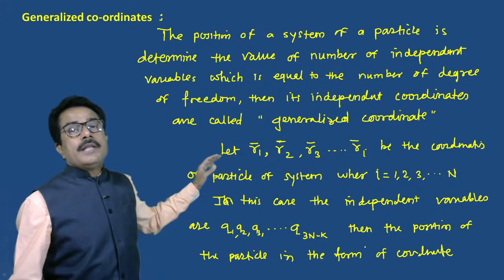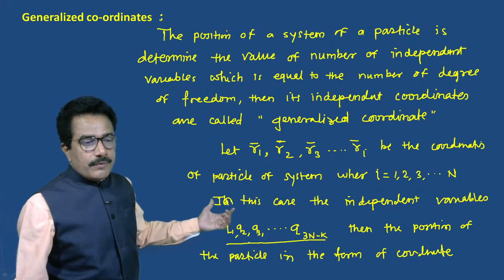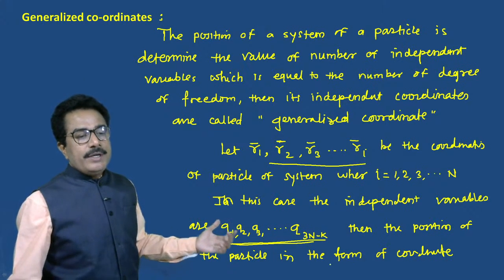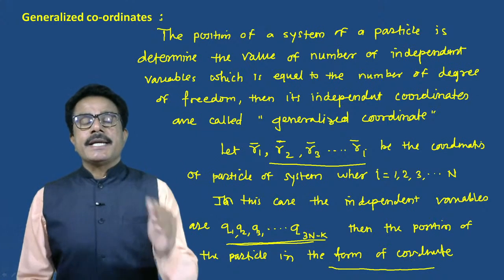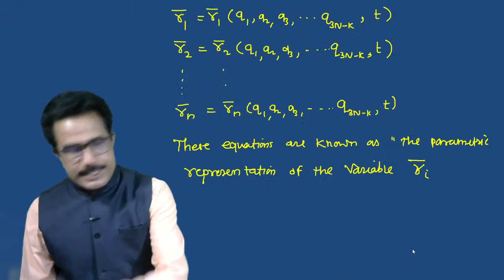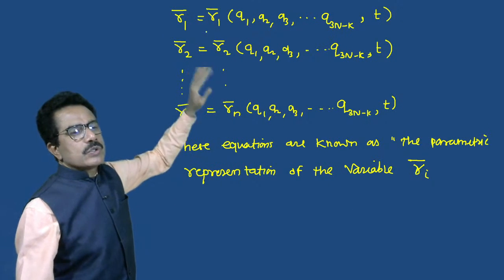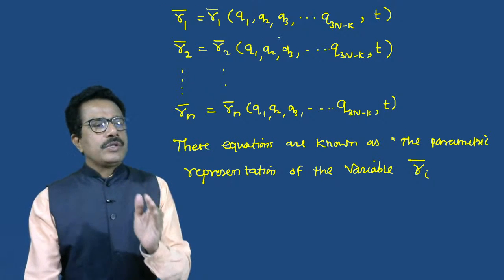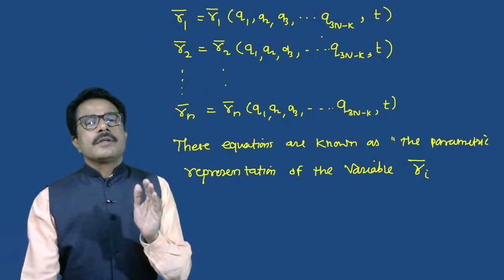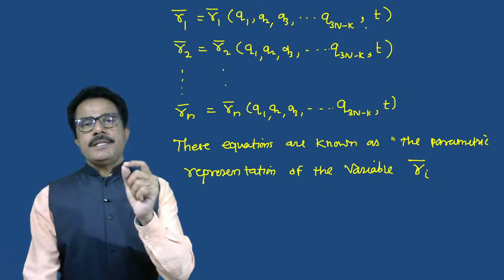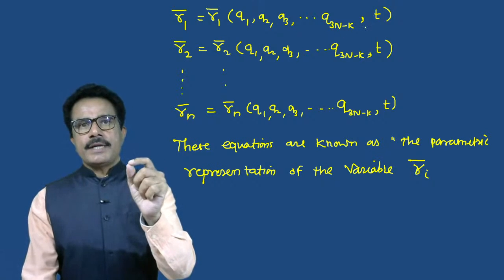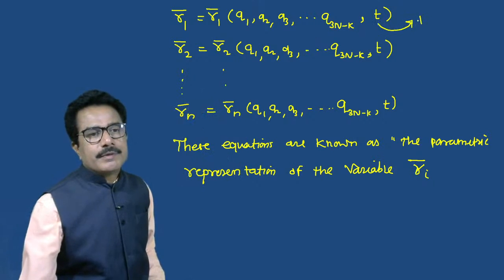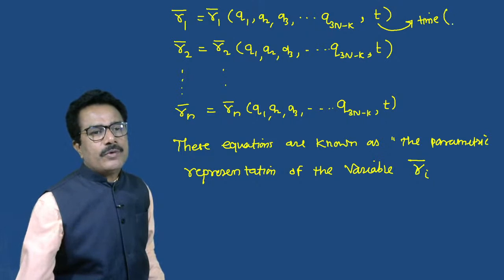Thus, by using these variables, these coordinates, we can write the position of the particle in the form of a coordinate such as r1 bar is equal to r1 of q1, q2, ... q3n minus k, comma t. t means the instant of time at which we have measured the position of that particle.